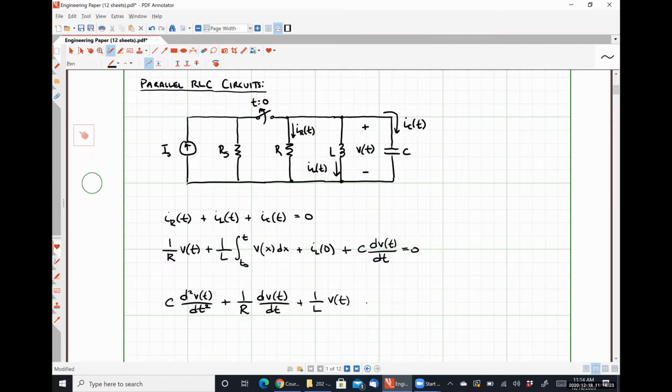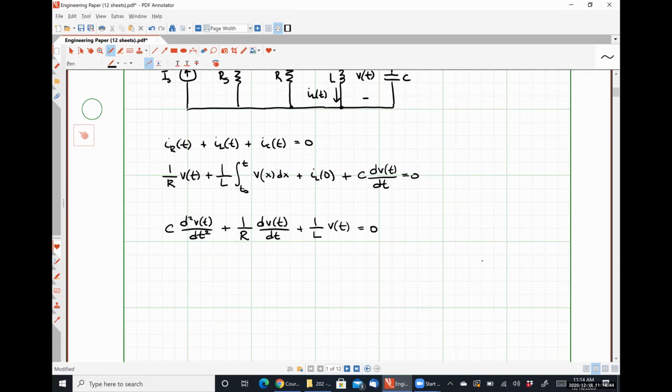When I take the derivative of the integral, I get the function. And this is equal to 0. Taking the derivative of the initial condition, this is a constant value, so that goes away. One last thing that I am going to do is divide everything by C so that the coefficient on my second derivative term is 1.